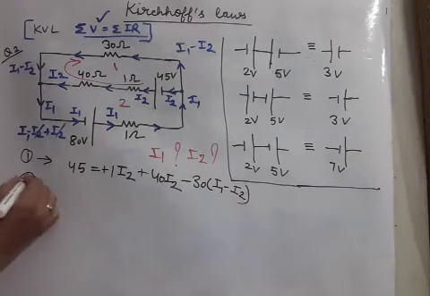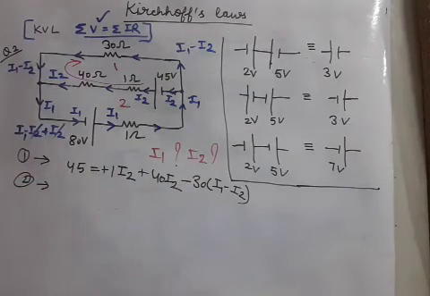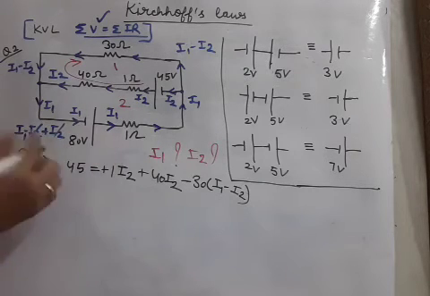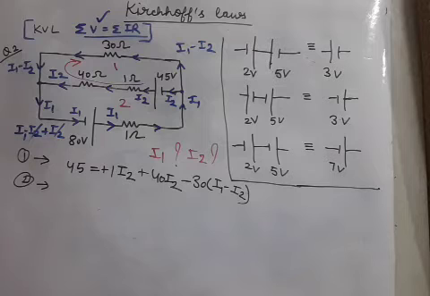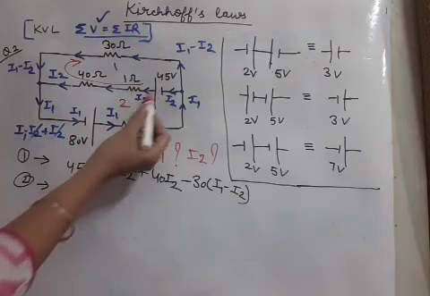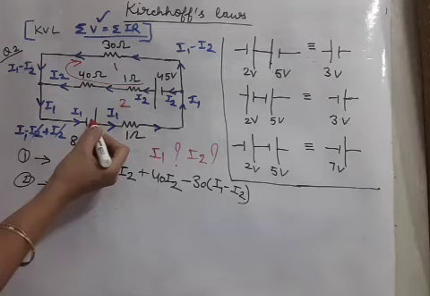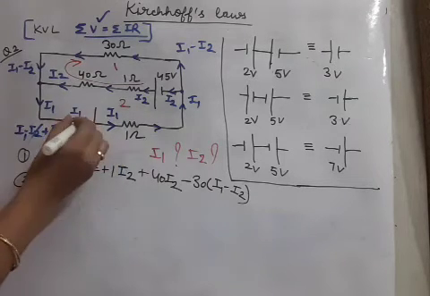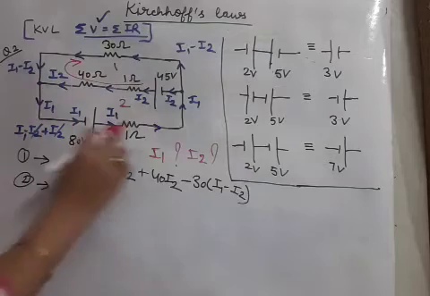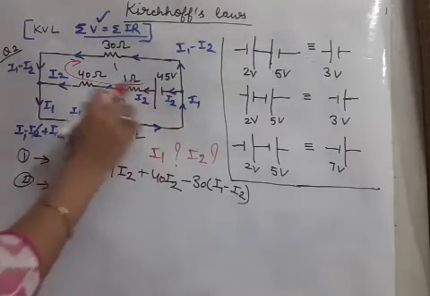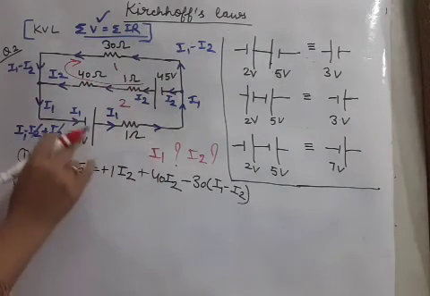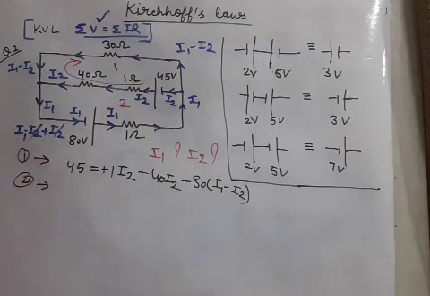In the same manner, let us solve the KVL equation for loop number 2. For loop number 2 again, first of all, here two batteries are available. So in a loop in which two batteries are available, first of all we have to see will they be added or subtracted.